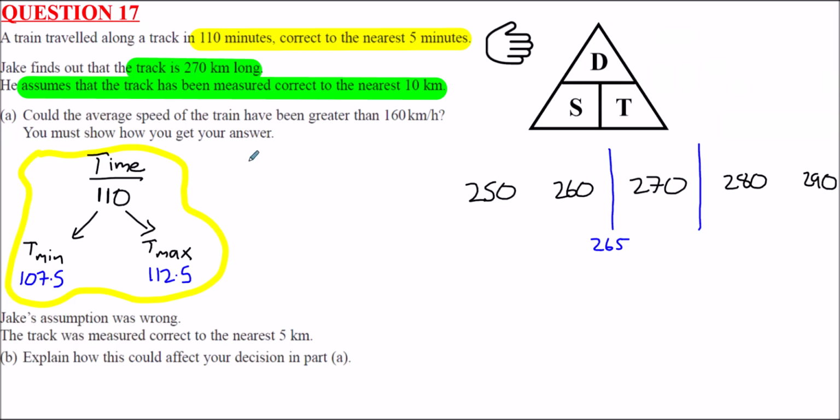So for the distance, it's been rounded to 270. D min, the minimum distance, must have been 265 kilometers. In the same way, the maximum distance is at the boundary between 270 and 280. Halfway between 270 and 280 is 275.